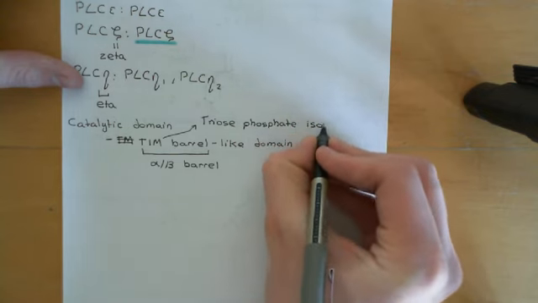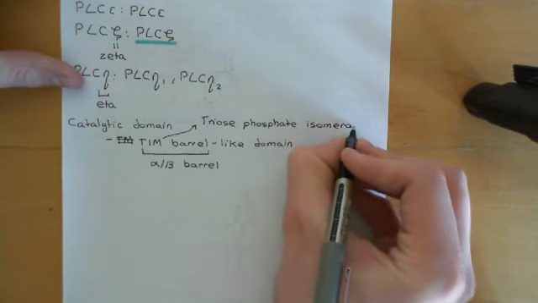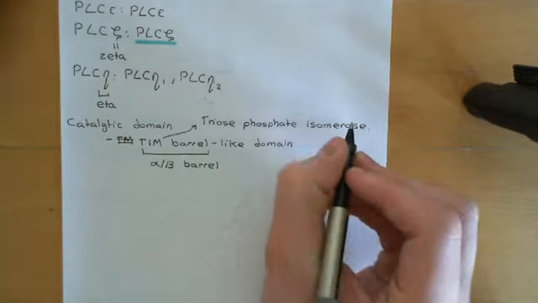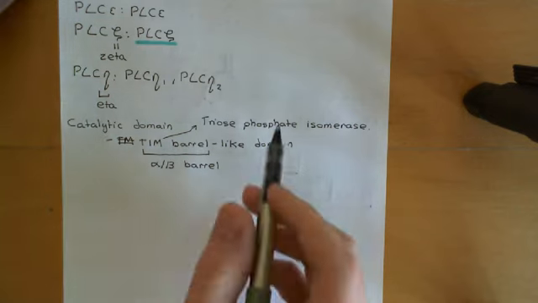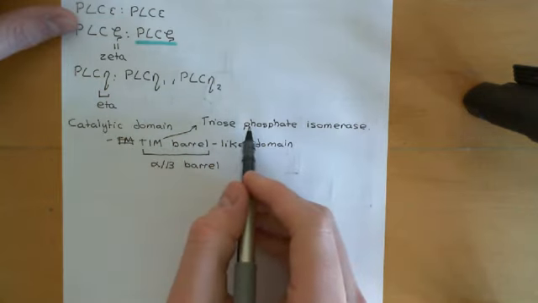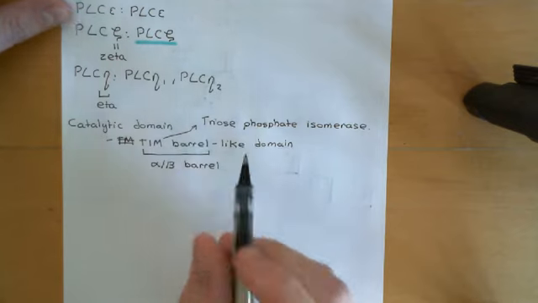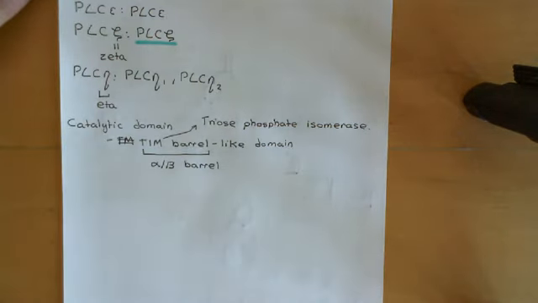Remember, it turns one triose phosphate molecule into another. If my memory serves correctly, it turns dihydroxyacetone phosphate into glyceraldehyde-3-phosphate, and glyceraldehyde-3-phosphate is the one that can then go through the rest of the glycolysis pathway.